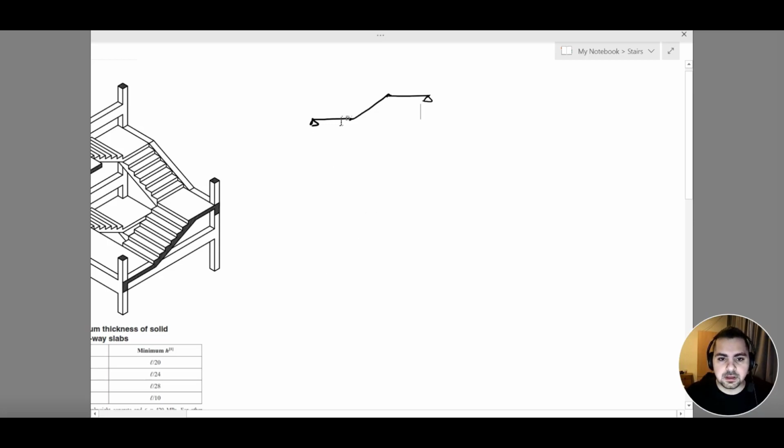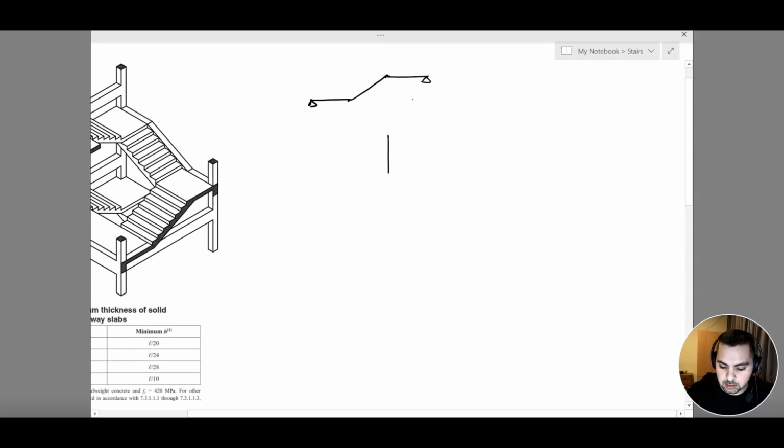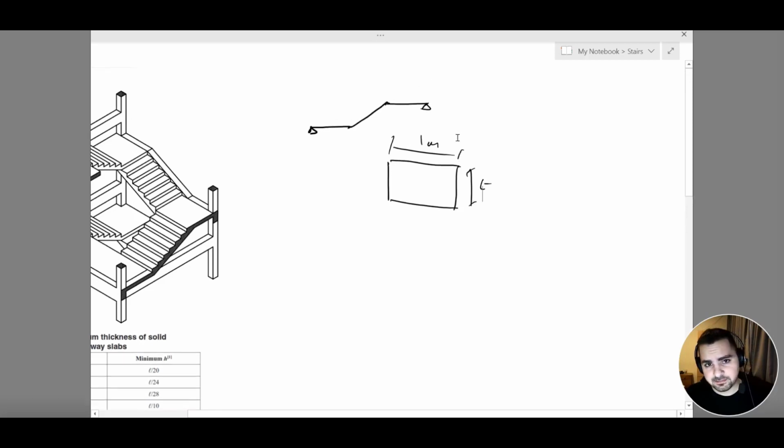Here we are representing this as a beam with a width of 1 meter and a thickness equivalent to the thickness of the staircase. We use 1 meter because we usually reinforce per meter.